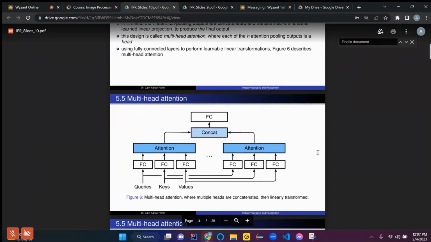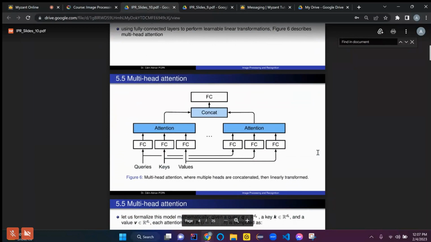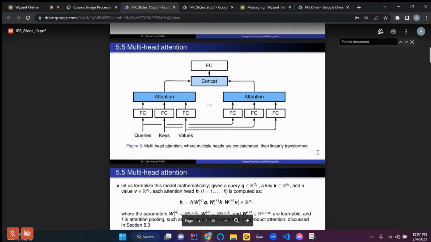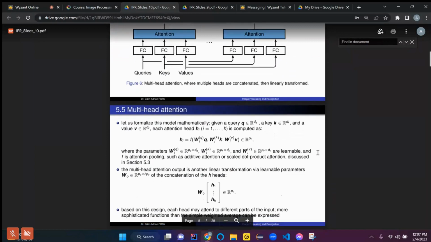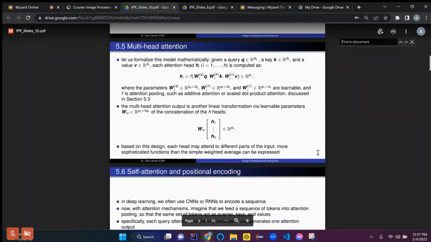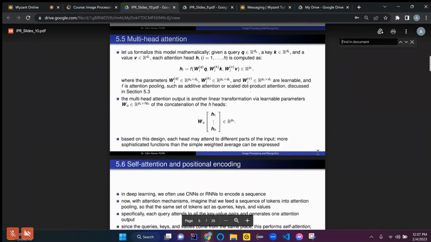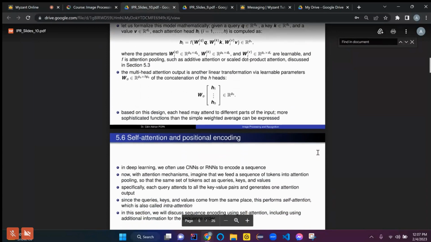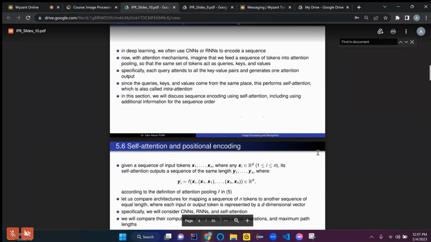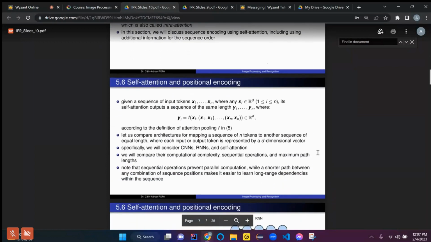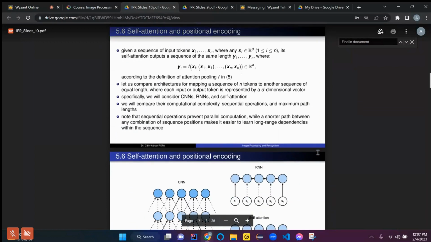Here's what you were saying about the concatenation. I searched the word multi-head in this and it didn't find it, so I have no idea. Maybe the text search doesn't work very well. Okay, yeah, because that does get into self attention.